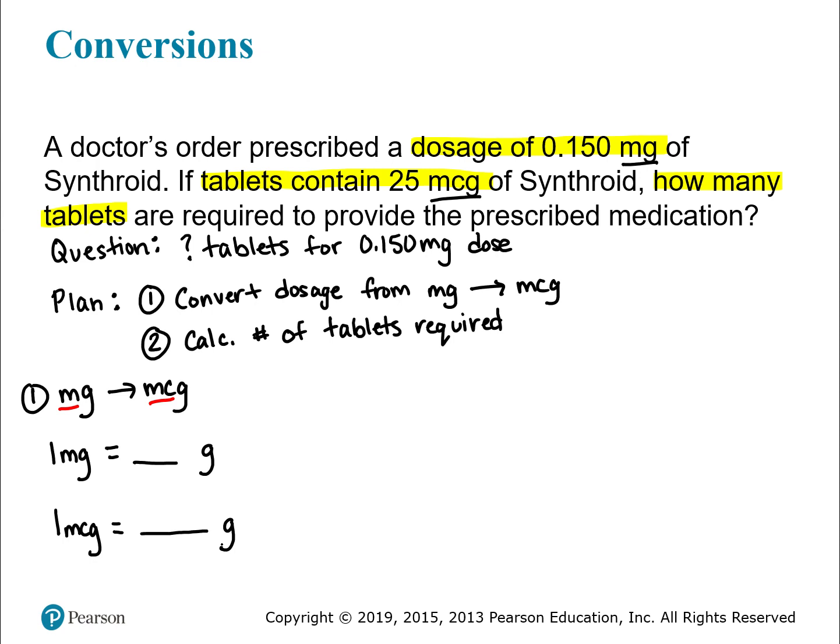So help me out. Let's fill in these numbers. What is 1 milligram? And then what is 1 microgram in terms of grams? Yeah, the milli is 0.001. And micro, which you may also see like this, but you'll most commonly in your book see the MC. That's for micro.